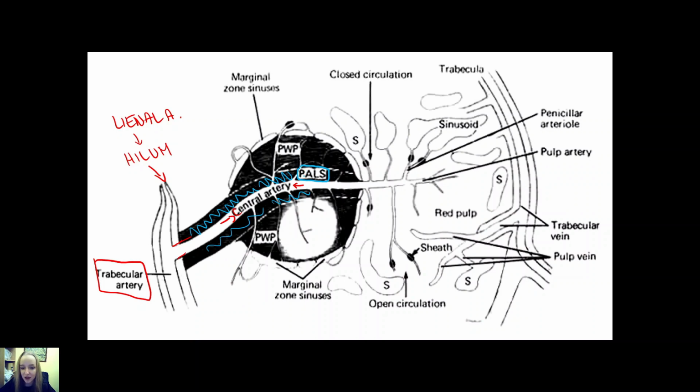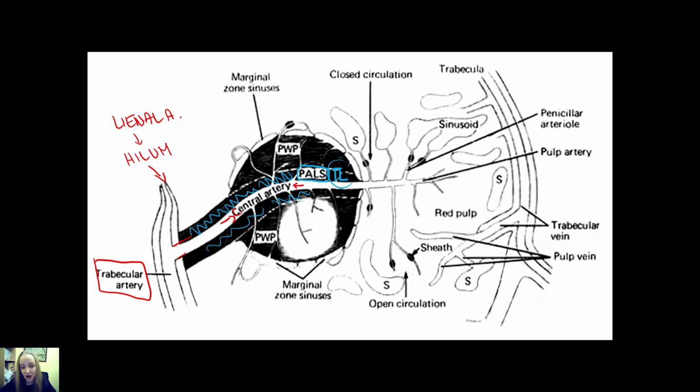It means periarterial lymphatic sheath. Periarterial because it's around artery or arterial, lymphatic sheath, PALS. You should know this name, and you should know that it's T dependent because it contains many T lymphocytes. So T lymphocytes are around central artery.